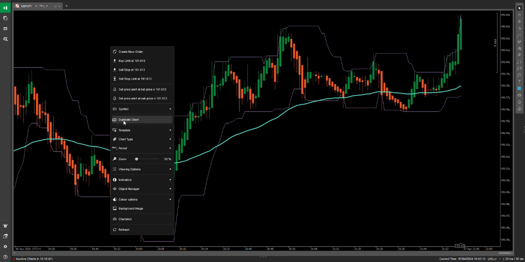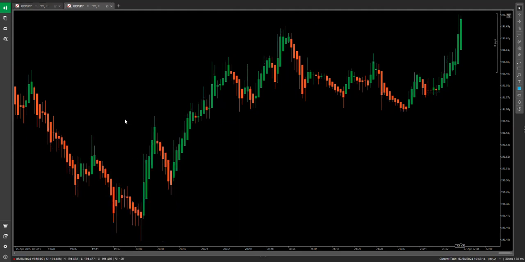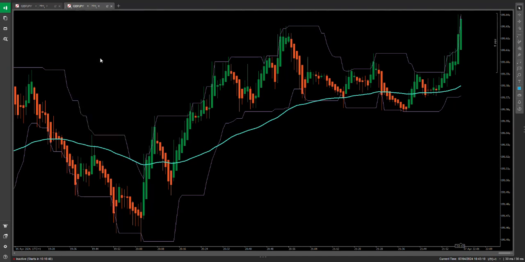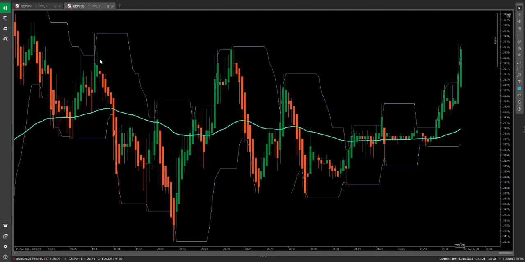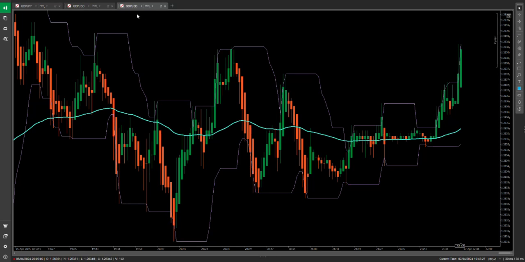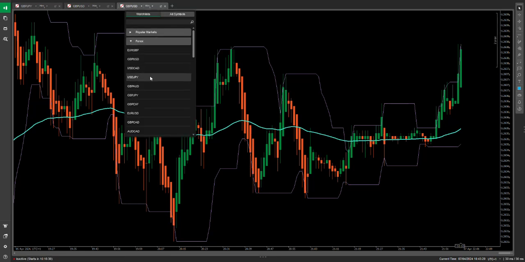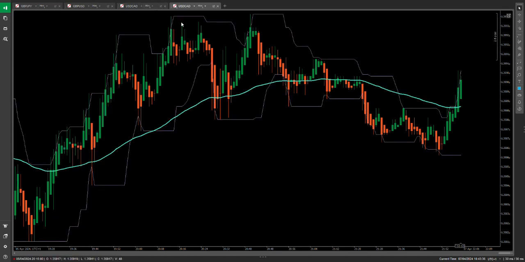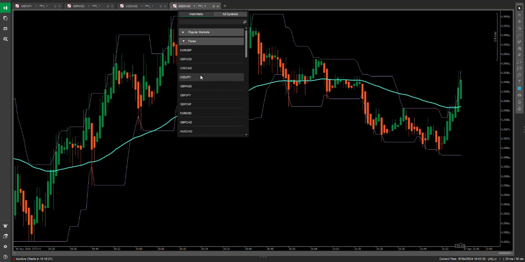You've got the GJ there, so you just duplicate chart, then change that to GU. So there's your GU chart. Same again, duplicate, change that to UCAD. Okay, you got your UCAD, duplicate, change that to UJ.